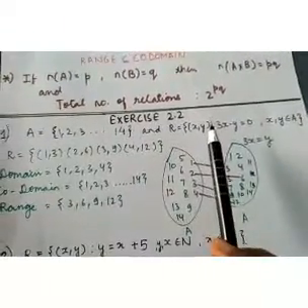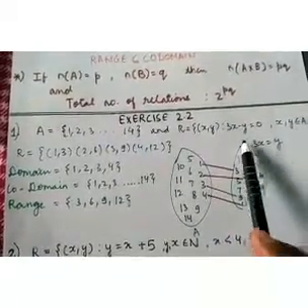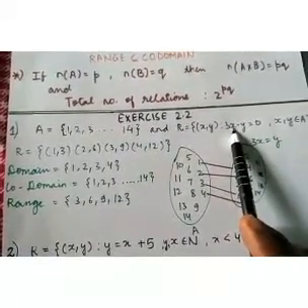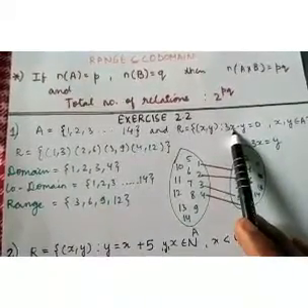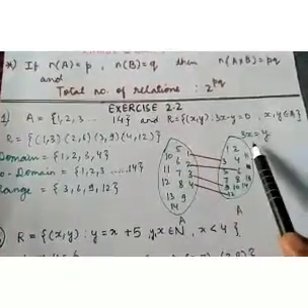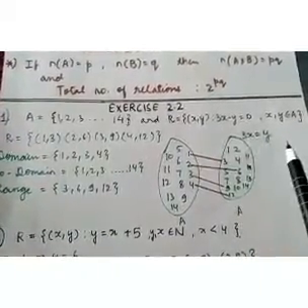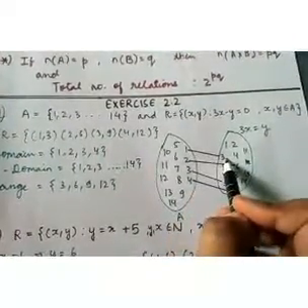Now, from here 3x minus y equals 0. If we take x equals 0, we do not have 0 here. If we take x equals 1, then y will be equal to 3. See here, 3x minus y equals 0, then 3x equals y. When x is 1, y will be 3.